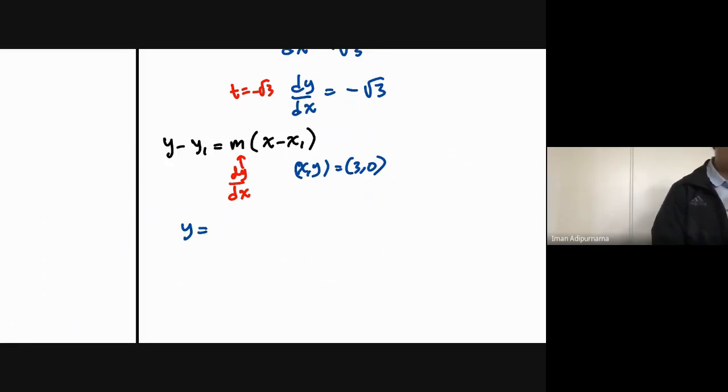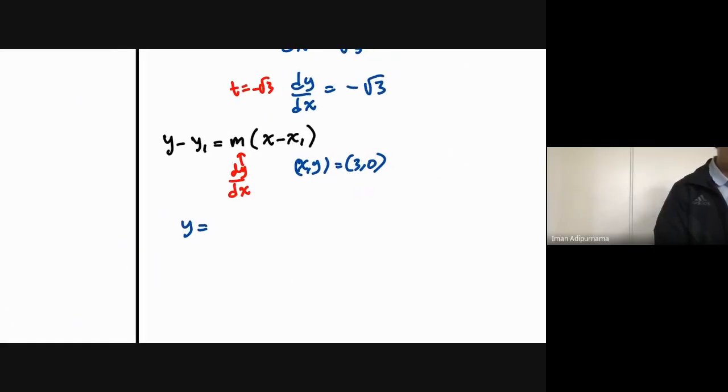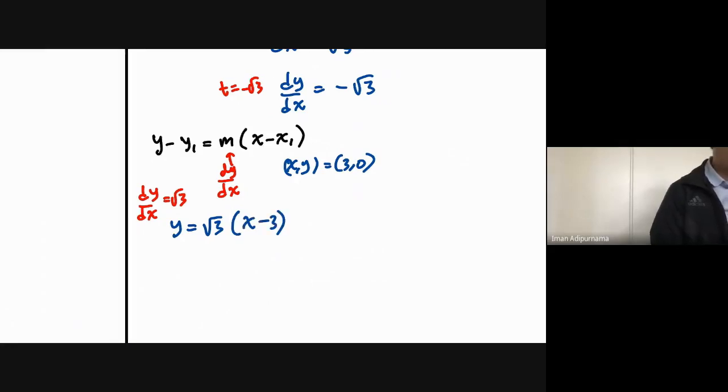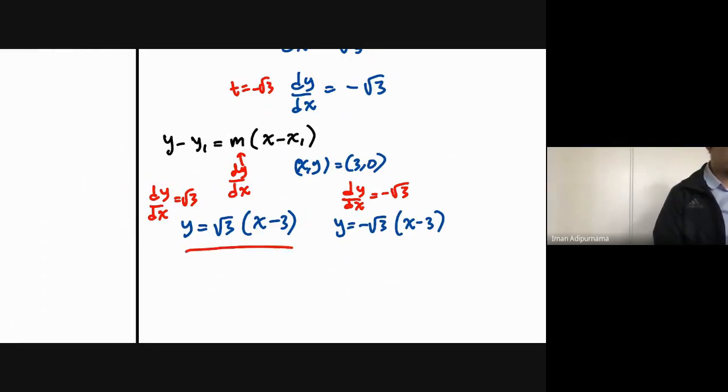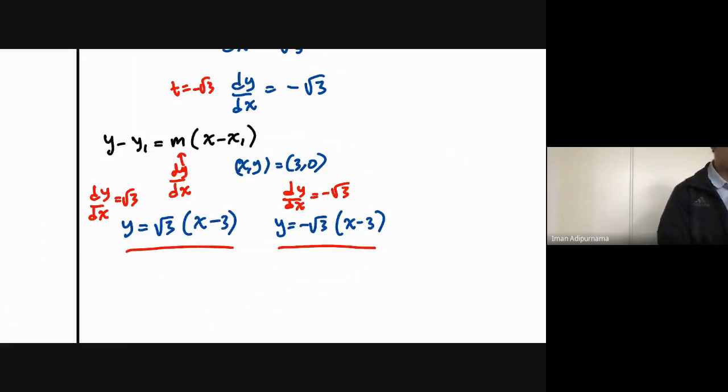So we have, first, it's becoming x minus 3. And when dy/dx is negative square root of 3, okay, then we can show this is the two tangents. We have two tangents.